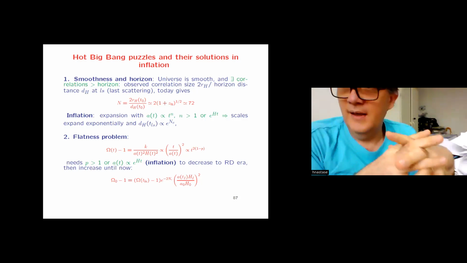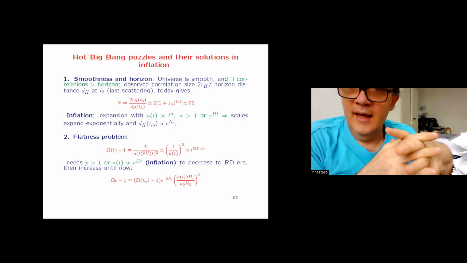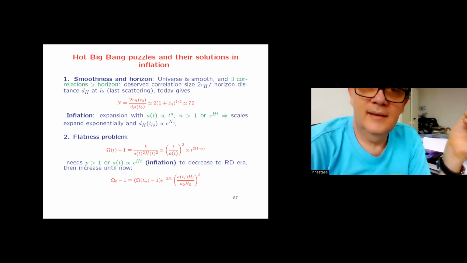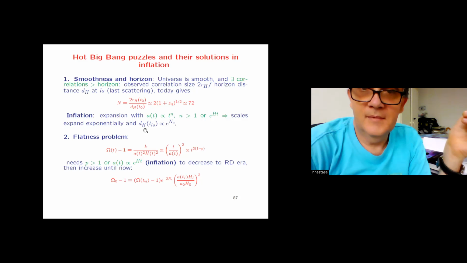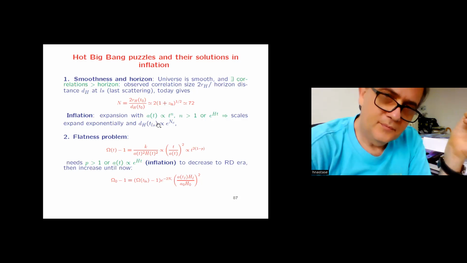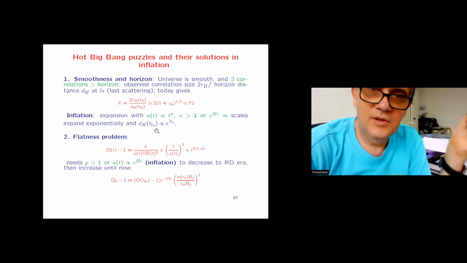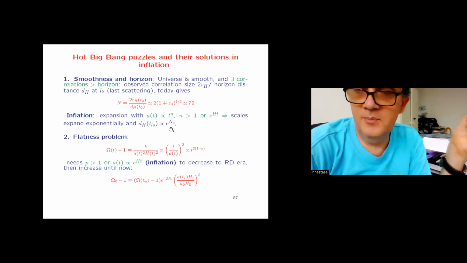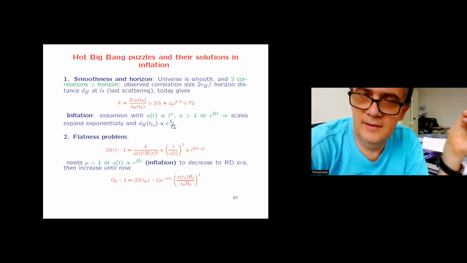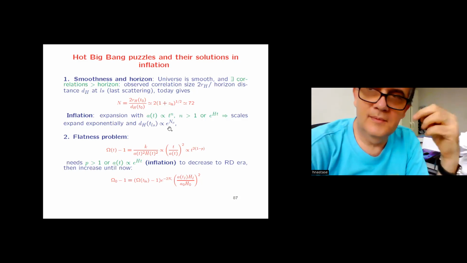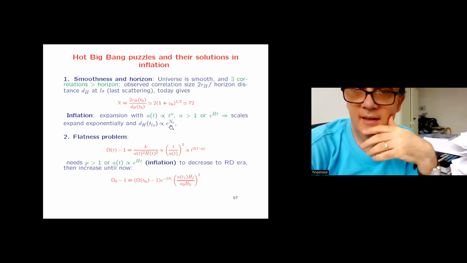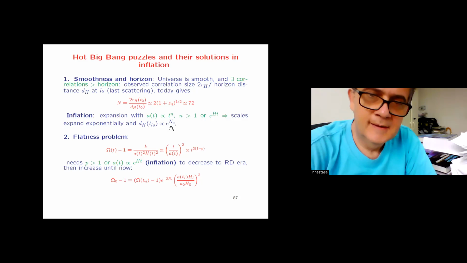So that's really the explanation. And this dH at T last scattering is proportional to this exponential, this blowout factor, e to the number of e-folds.